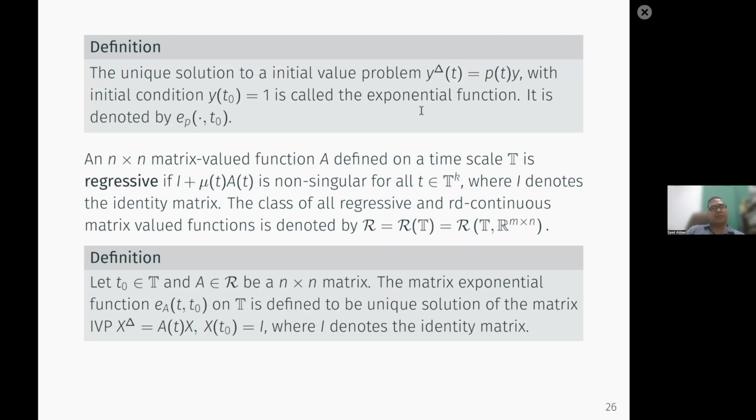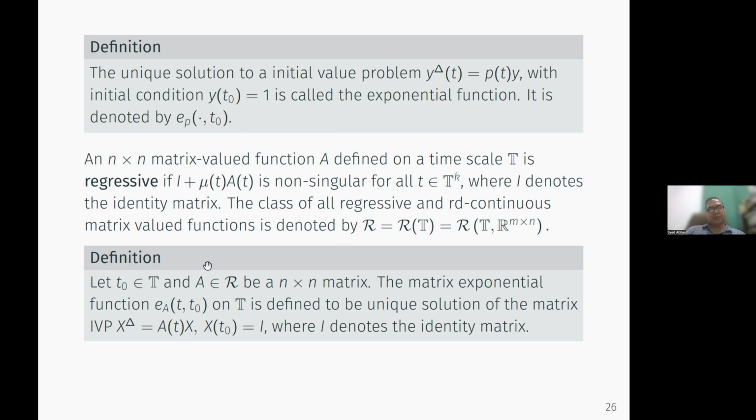Now the unique solution to the initial value problem y^Δ(t) = p(t)y with initial condition y(t0) = 1 is called the exponential function on a time scale, and it is denoted by e_p(t, t0). Any n×n matrix-valued function A defined over a time scale T is called regressive if I + μ(t)A(t) is non-singular for all t in T^k, where I is the identity matrix.